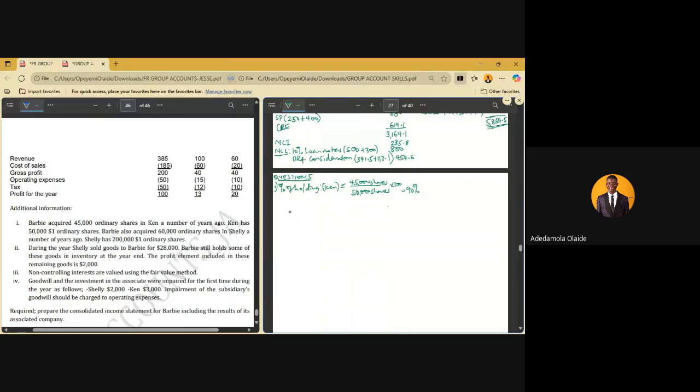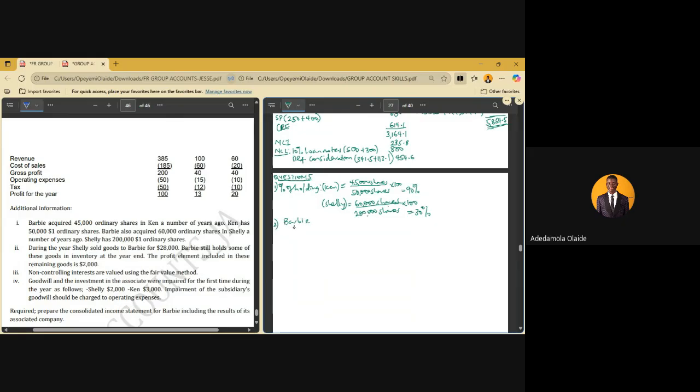90%, have we? Then they said they acquired 60,000 ordinary shares in Shelley, where Shelley has 200,000 ordinary shares. And that will give us what percentage? 30%. So we already know Ken is the subsidiary, while Shelley is the associate.